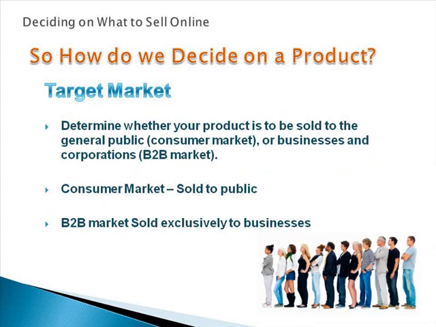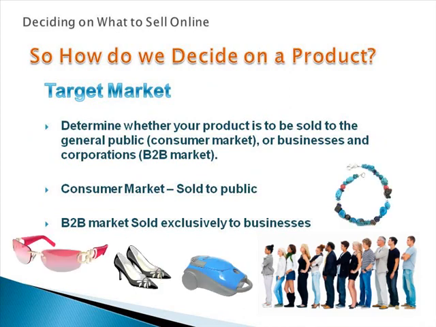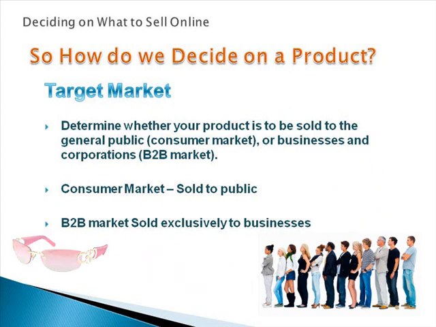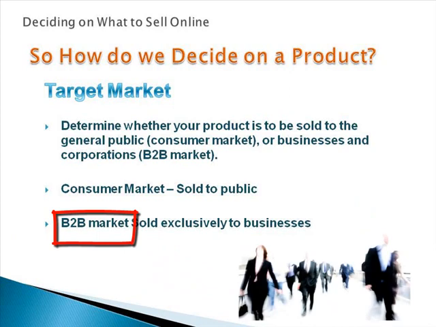These consumer products would include everything from general beauty and hygiene consumables to luxury items, jewelry, and appliances. Most products in this market will be mainly for individuals, families, and the household. Sourcing a product for the business or B2B market, however, would mean that your product will be sold exclusively to businesses for business use.